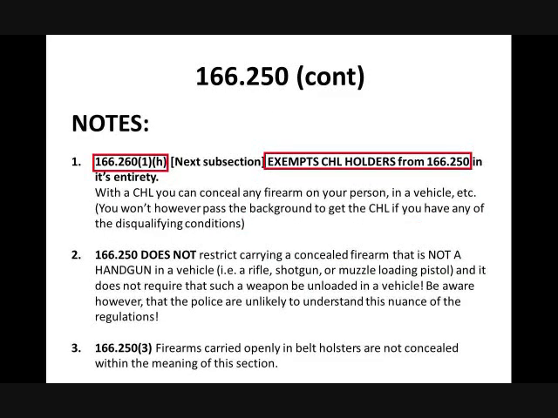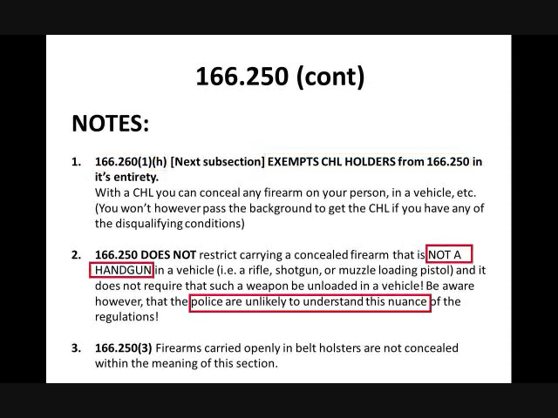There's some notes that I've got. 166.261H, which is in the next subsection, exempts CHL holders from 166.250 in its entirety. With a CHL, you can conceal any firearm on your person, in a vehicle, etc. You won't, however, pass the background check to get the CHL if you have any of the disqualifying conditions, but that's another matter.